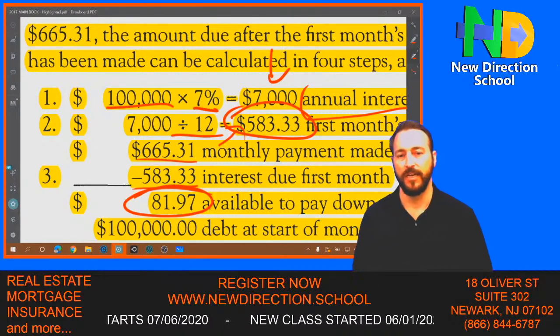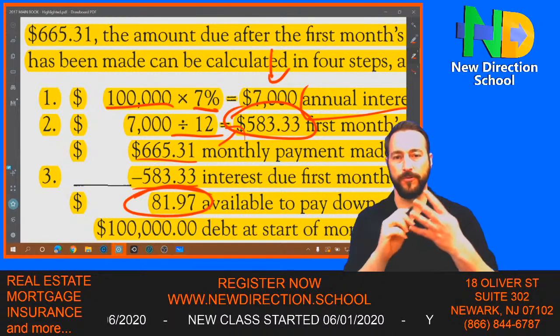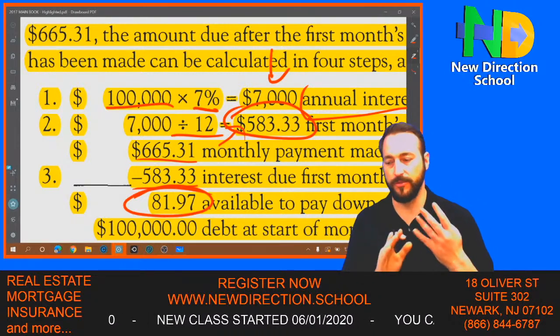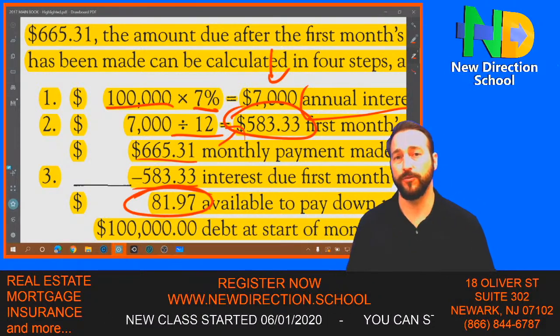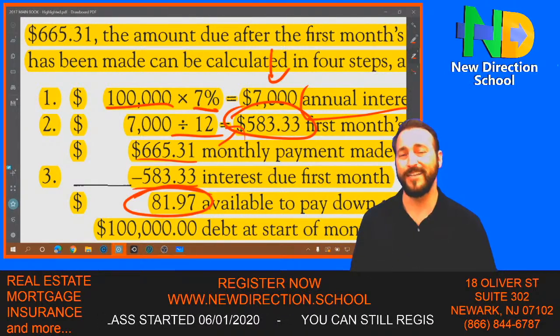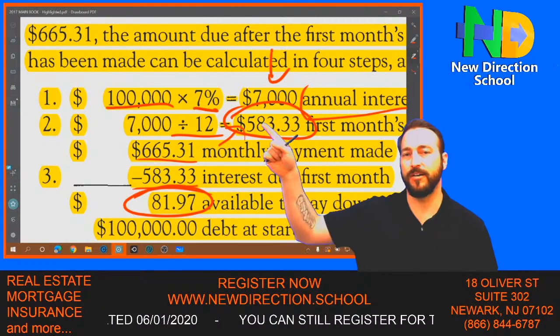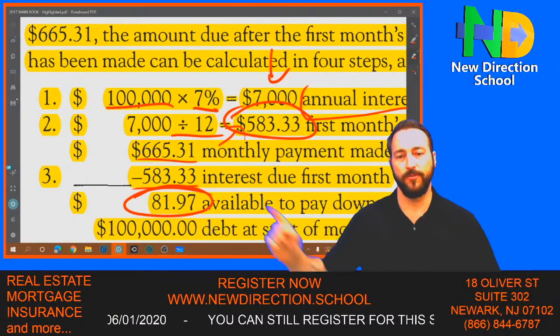So as you guys can tell, what I'm trying to show you is one question, 4 different variables, right? Same information, 4 different variables of the question. If your question was, and this was on my state exam years ago, what is the balance on the loan after the first month's payment? You would have to calculate steps 1, 2, 3.